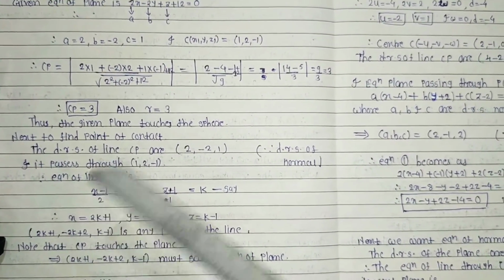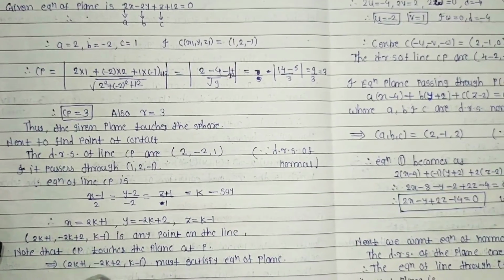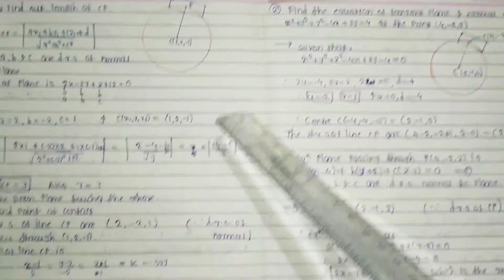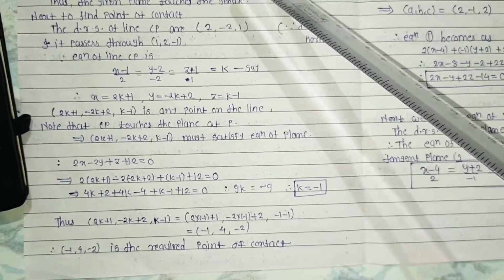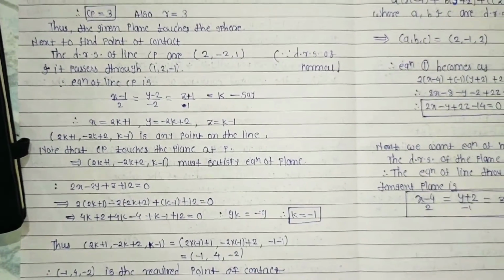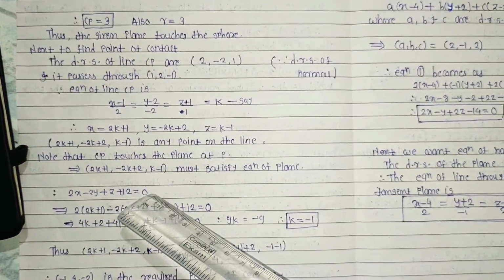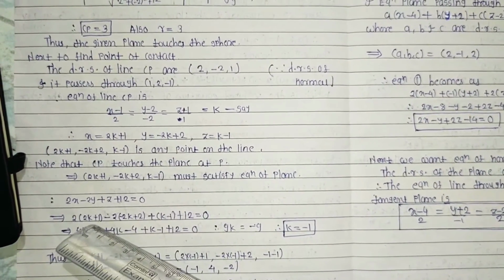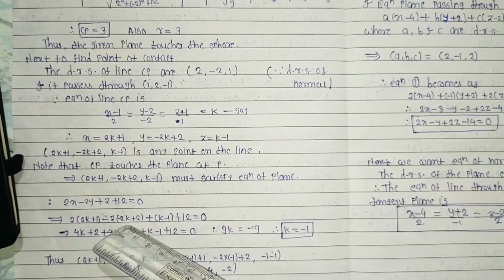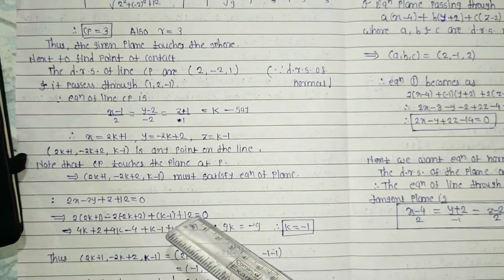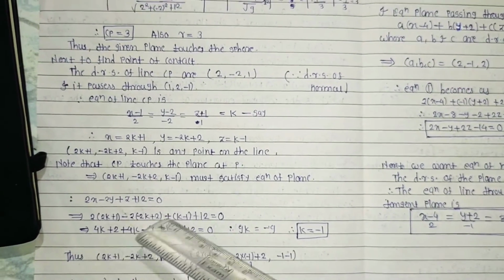So we substitute these values of x, y, z in the equation of the plane, 2x minus 2y plus z plus 12 is equal to 0. We get 2 times (2k plus 1) minus 2 times (-2k plus 2) plus (k minus 1) plus 12 is equal to 0, and we solve this for k.